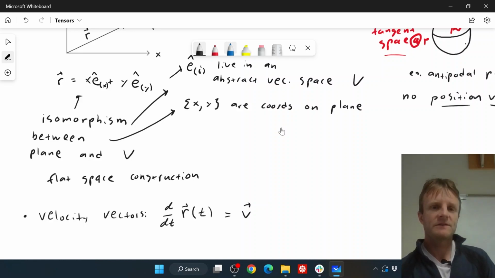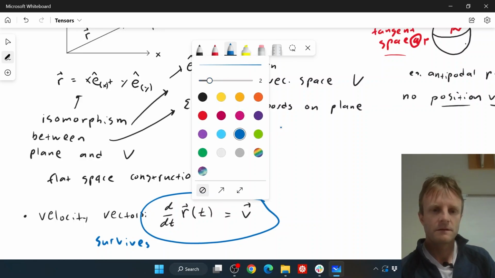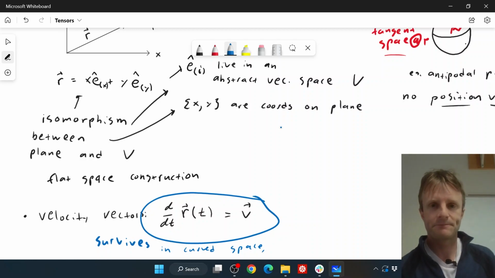Okay, so this is the thing that somehow survives. This equation survives in a curved space, even though r of t is no longer a vector.